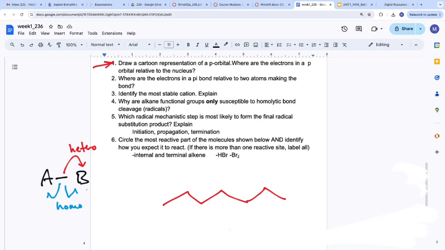Right? So that radical is now moving around, hits a neutral thing. As it hits the neutral thing, it will necessarily produce another radical because it's bringing in one electron. We have to balance it out. It has to kick out another one electron. So that's our propagation. Right? Propagation, it now continues because I have another radical that can continue to react, continue to react, continue to react. Does that make sense for our final product?